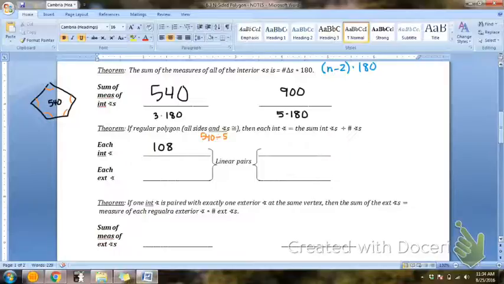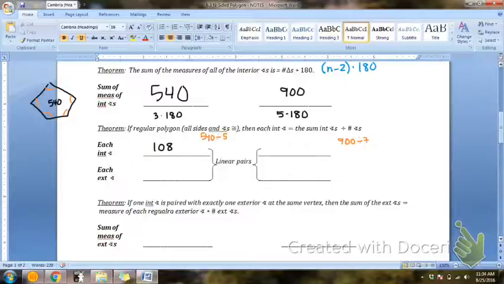Okay, so let's figure out how much each angle is in a heptagon. So what are you going to do? 900 divided by what? 7, because there are 7 angles. So 900 divided by 7. Are you getting a decimal? Okay, that's okay.